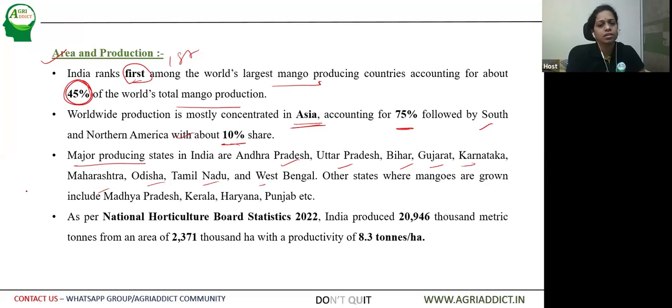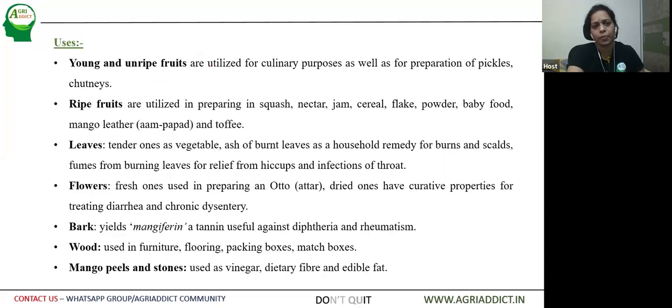In the other states, mango cultivation is also present to some extent. As per NHB 2022, India produced around 20,946 thousand metric tons from an area of 2,371 thousand hectares with a productivity of 8.3 tons per hectare. So this statistic is also important from your exam point of view.